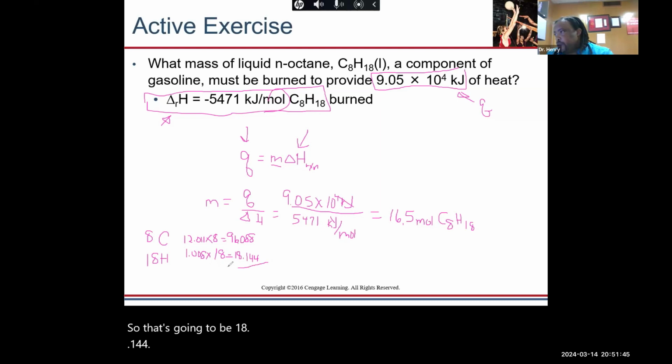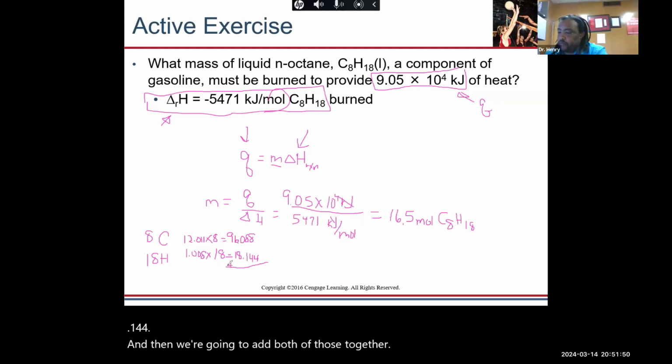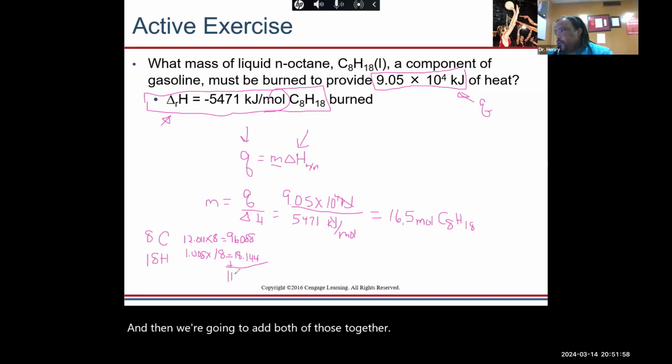And then we're going to add both of those together. We get 114.232. The units are grams per mole.